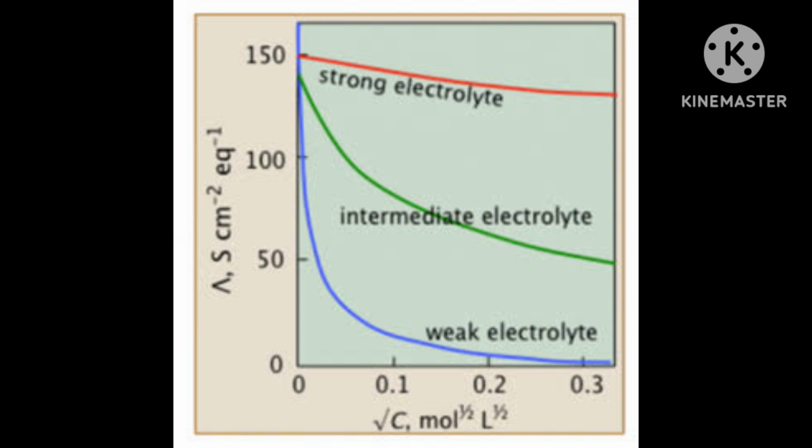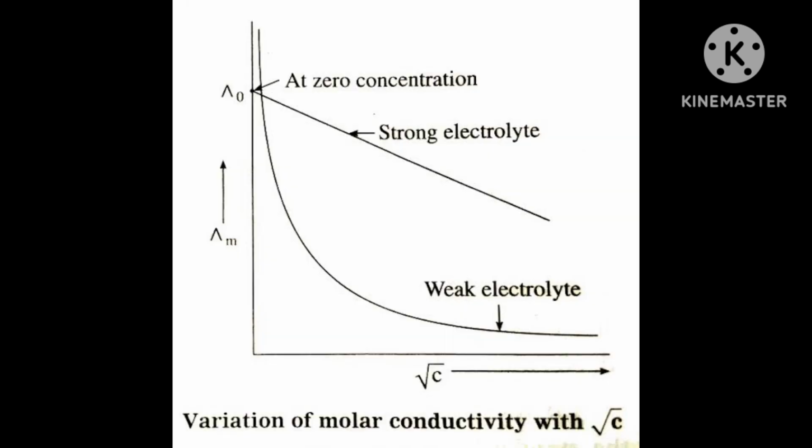Now why it will happen, now I am telling you. Here see, concentration decreases, then how will it decrease? Concentration will decrease if you add more solvent, means 1 mole per liter was there, now it became 1 mole per 3 liter, per 4 liter, per 5 liter, correct?